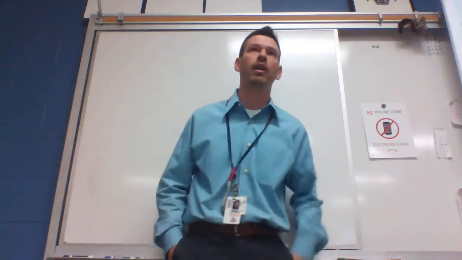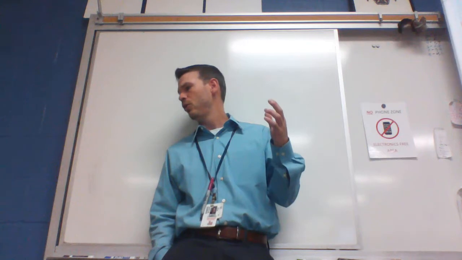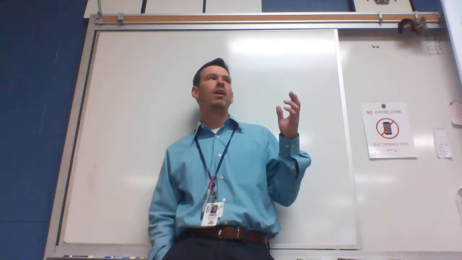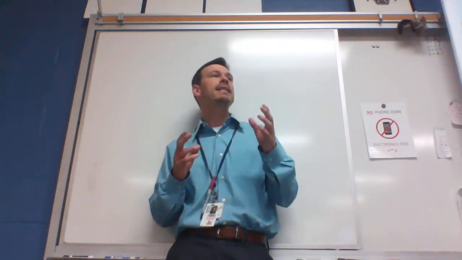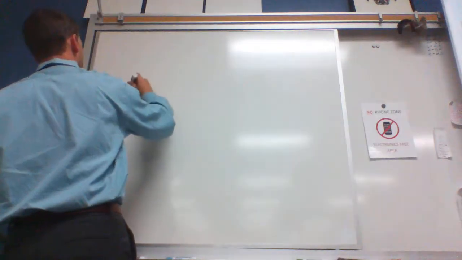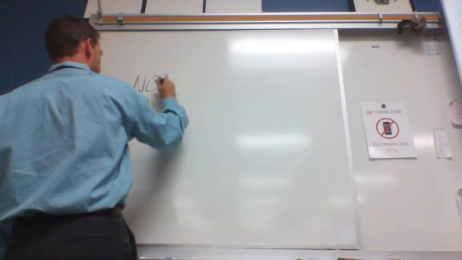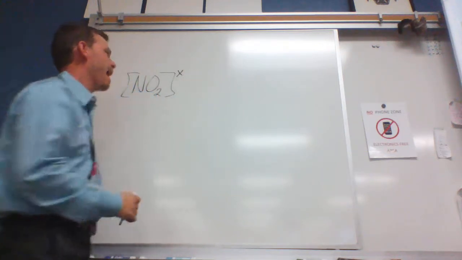So here's the trick. We need to find the orders of those 2 reactants, all right? But we don't have a mechanism to do it this time. We're going to do it in a more mathematical way. As I said, the reason this works is by looking at trials where one of the reactants stays constant. So let's start off by looking at NO2. What I'm trying to find is that value right there.